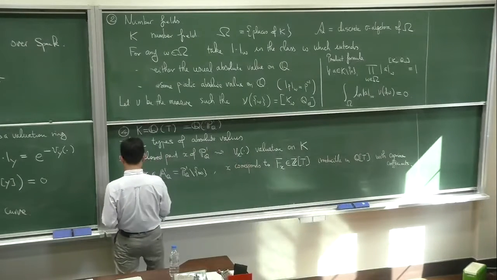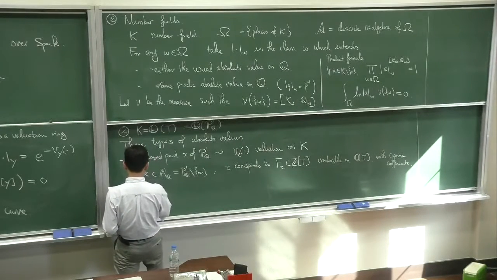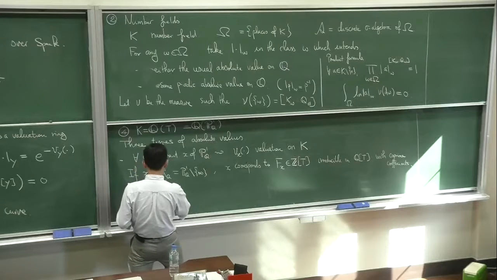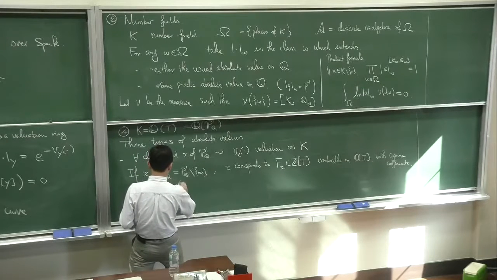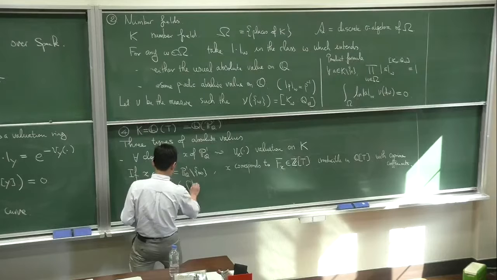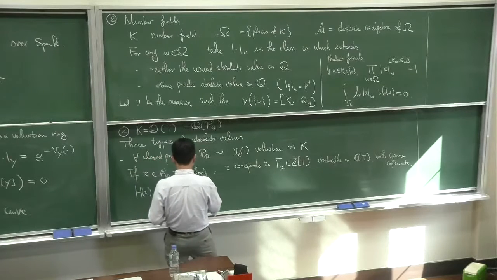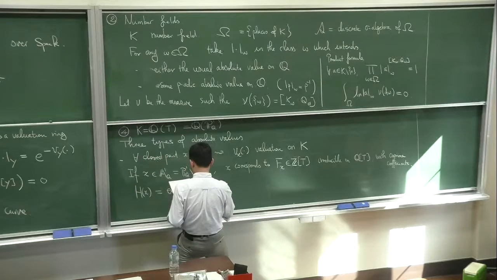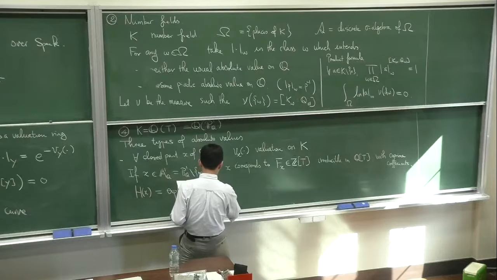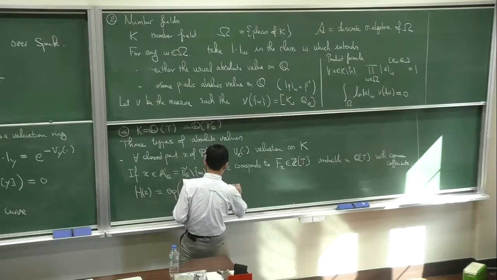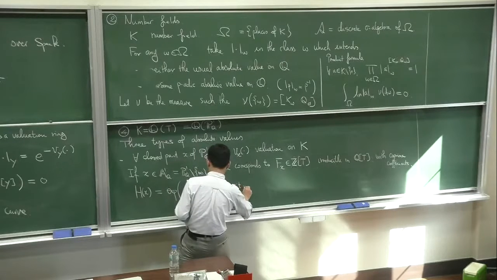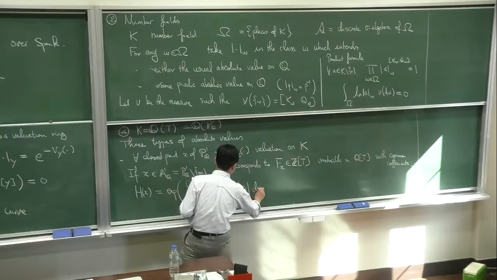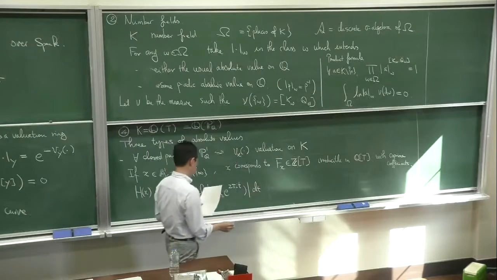And now we can take some height of x. It's the exponential of the integral from 0 to 1 of log of the modulus of f_x(e^(2 pi i t)) dt.